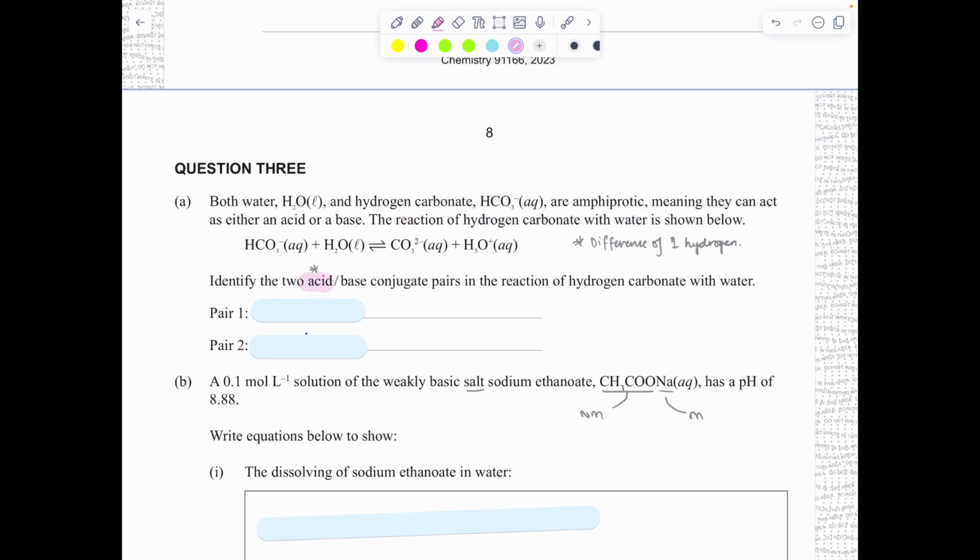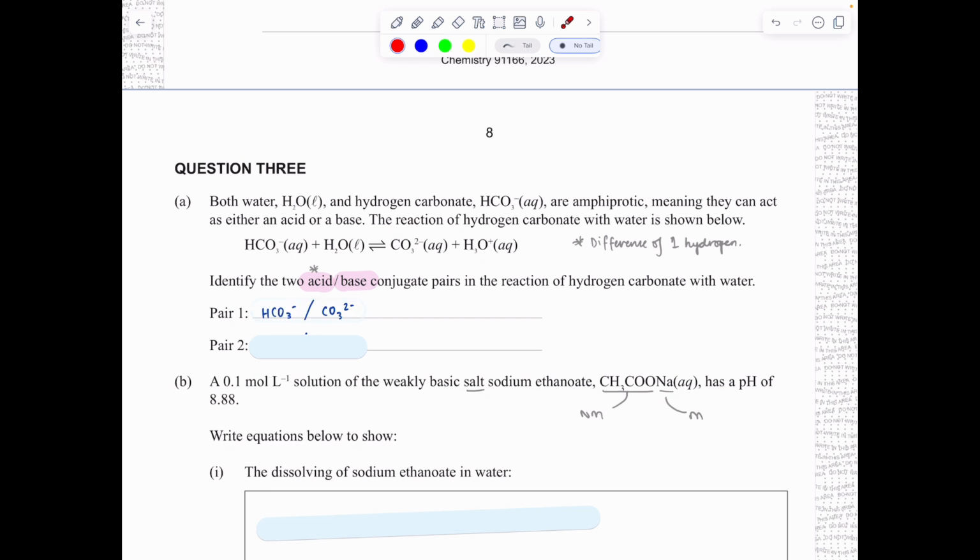Let's do it in this order: acid to base conjugate pairs. Something that you should know is that acid-base conjugate pairs have a difference of 1 hydrogen. So if we're looking at the first pair, let's look at hydrogen carbonate. As you can see here, hydrogen carbonate in its acid form is over here.